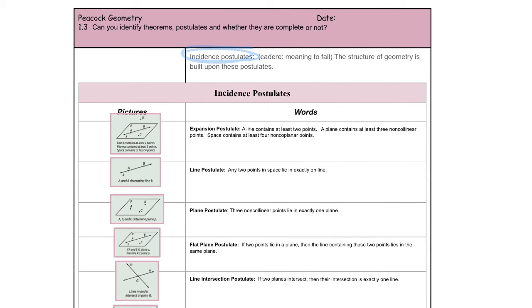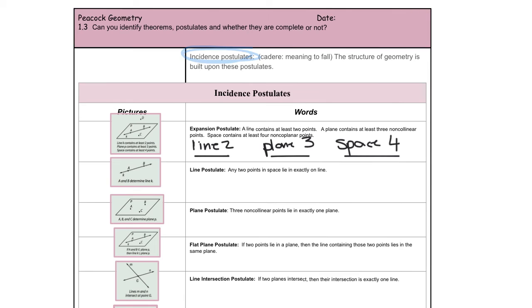So I want you to commit this into your head: line 2, plane 3, and space 4. Those are the number of points you need to define each of these. This falls under your expansion postulate.